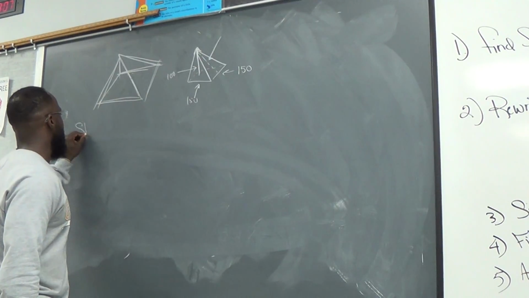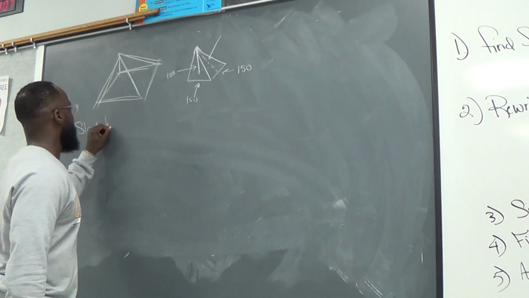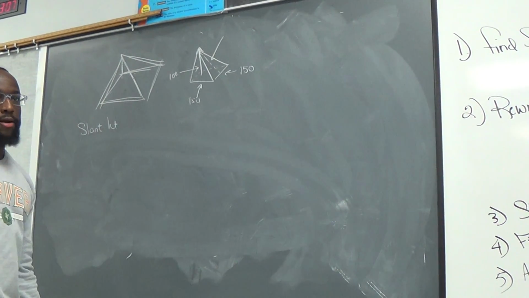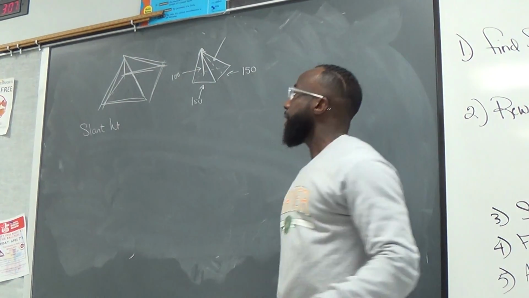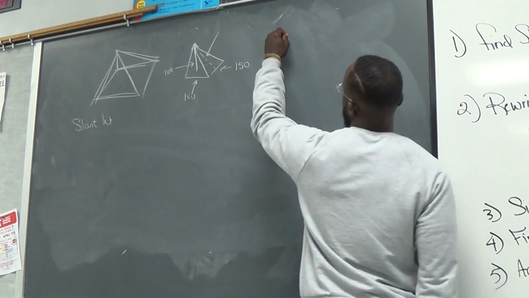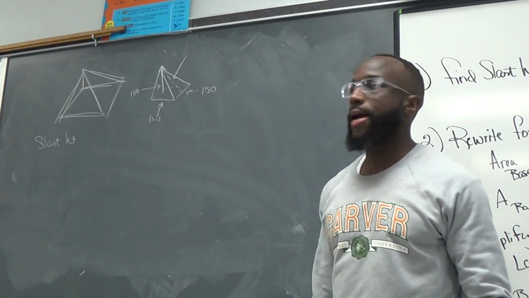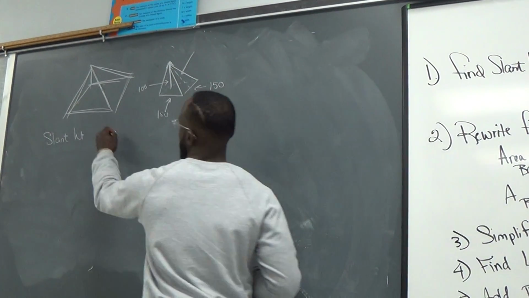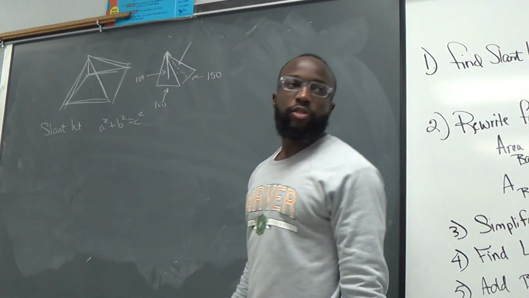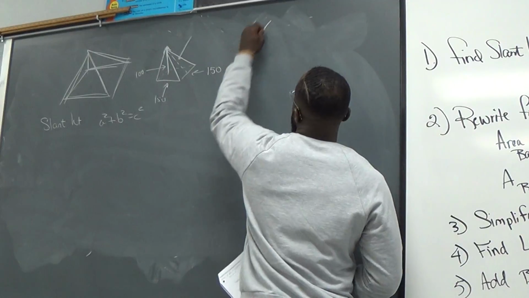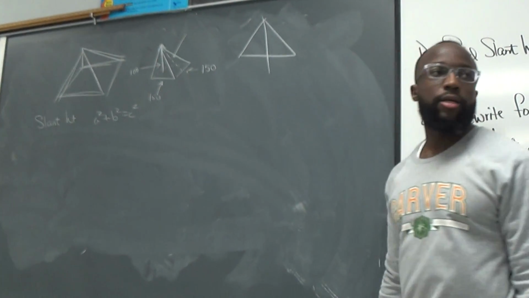To find the slant height, we use the Pythagorean theorem again. What I want you to see in this pyramid is that in order to use the Pythagorean theorem, a squared plus b squared equals c squared, we have to create a right triangle. When you create a right triangle, you're breaking a regular triangle in half.